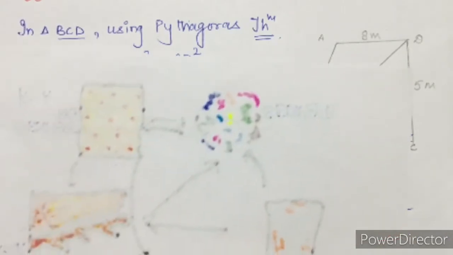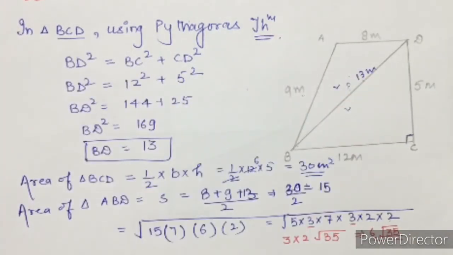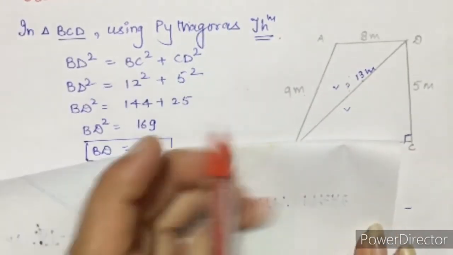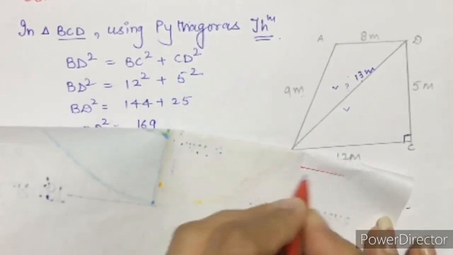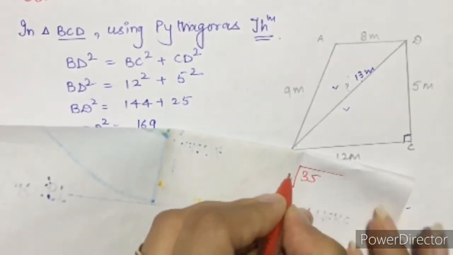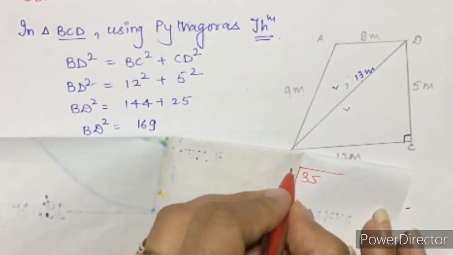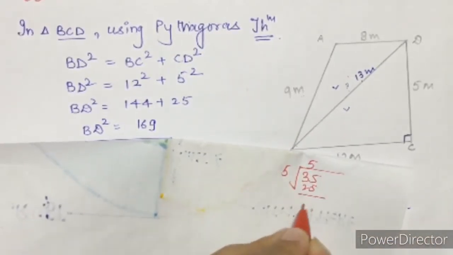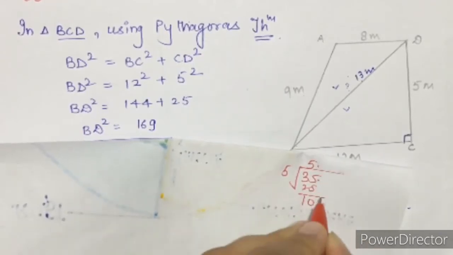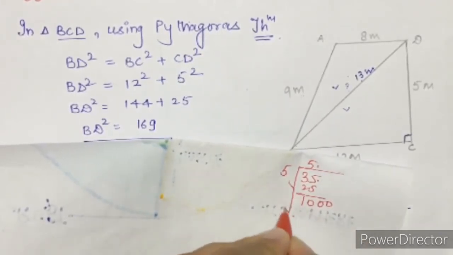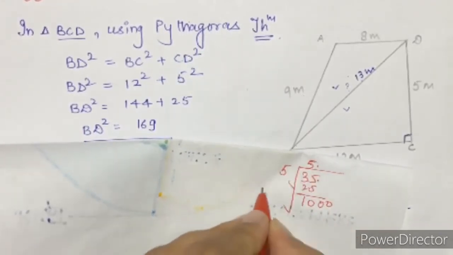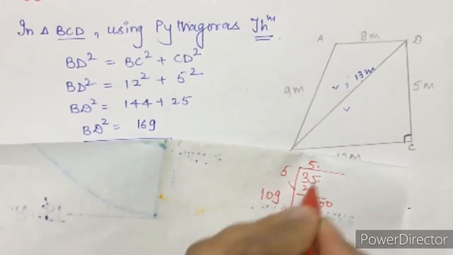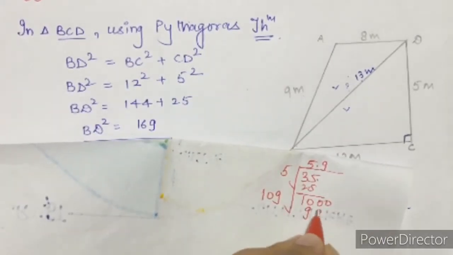See, how can we find the root of 35? 3 3s are 9, 4 4s are 16, 5 5s are 25, 5 5s are 25, it will be 10. Then put a decimal, we will bring two more digits, double of 5 is 10, and I will go with 9, 5.9, it will be 981.